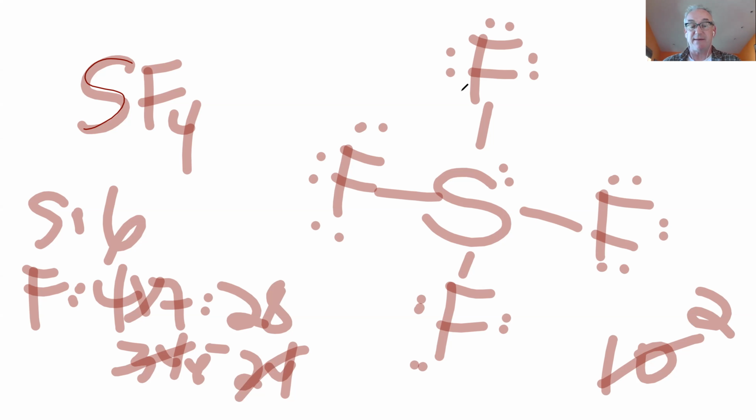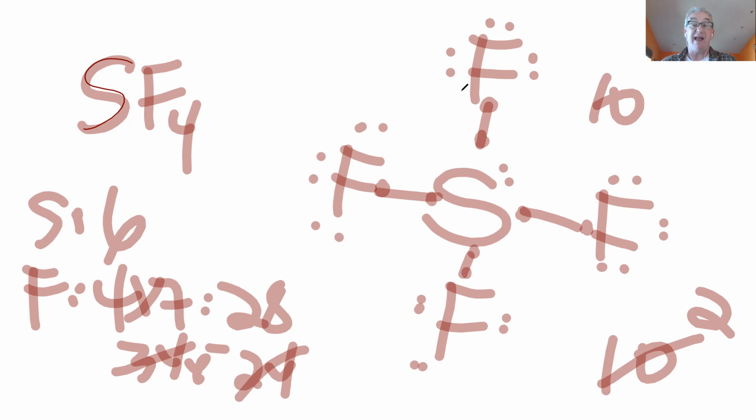Not valence electrons. How many total electrons does sulfur have? 10. It's got 2 in each bond, that's 8, and it's got 2 to itself in lone pairs, so it has 10. So it's violating the octet rule.